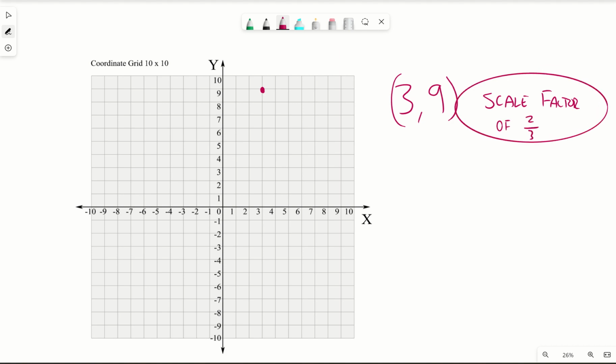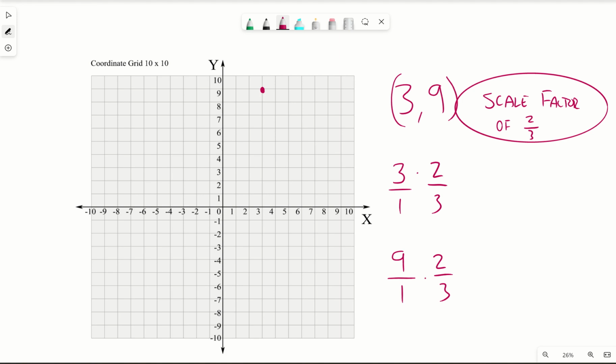I want to times each of those numbers by 2/3. I would take my 3 and say 3 over 1 times 2/3, and I would take my 9 and say 9 over 1 times 2 over 3. Remember, every time we're multiplying by a fraction, put it over 1.